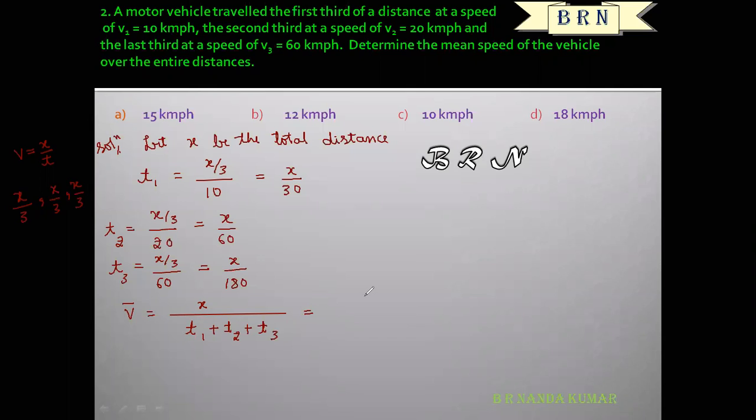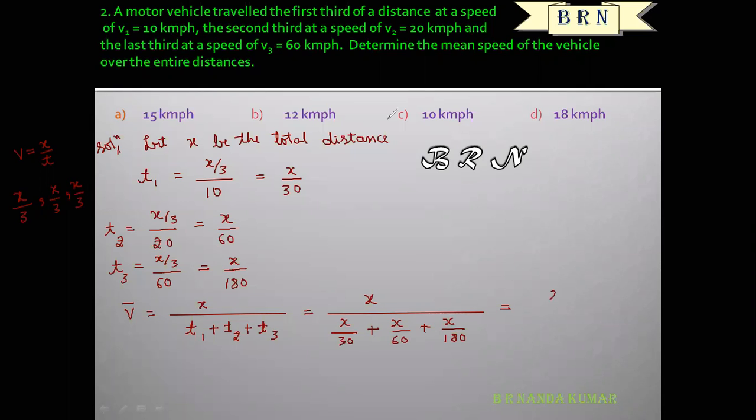So what is the value of T1? T1 is X by 30. T2 is X by 60. T3 is X divided by 180.